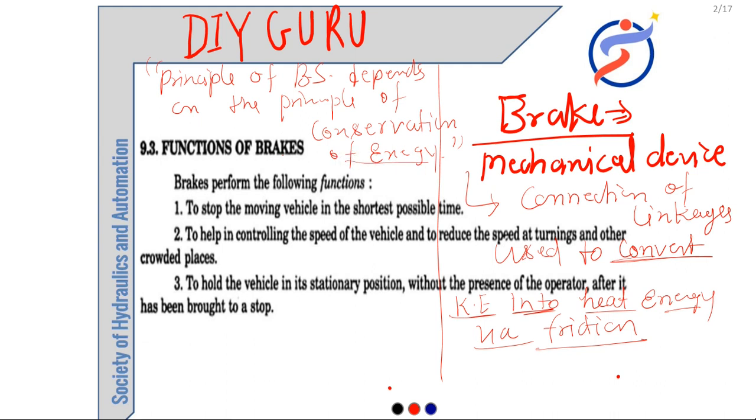This is a very important point, note it down. The kinetic energy of a vehicle, or of any object, is converted into heat energy by friction. So brake systems are basically mechanical linkage devices which convert kinetic energy into heat energy by means of friction.